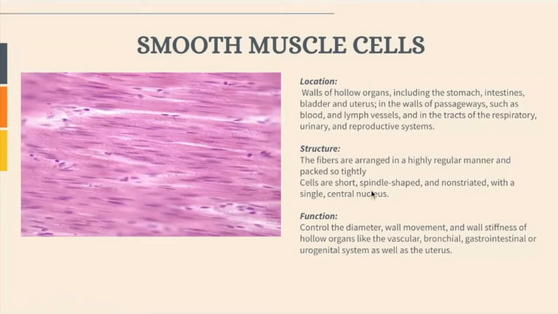Cells are short, spindle-shaped, and non-striated with a single central nucleus. If we have a better resolution, we can see that the nucleus is actually central. Okay, so it controls the diameter, wall movement, and wall stiffness of hollow organs like the vascular, bronchial, gastrointestinal, or urogenital system, as well as the uterus.